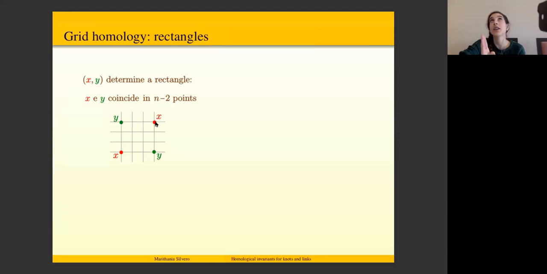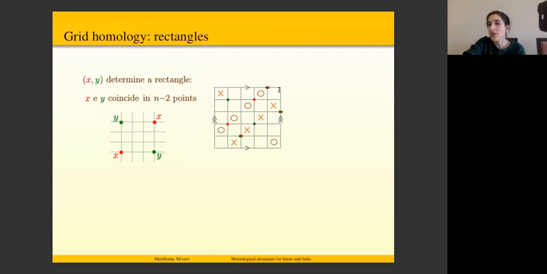X is in the northeast and southwest, and Y is like here, okay? So imagine we have this grid diagram. X is the red one and the green one is Y. Here we have 1, 2, and 3 in those 3 positions. X and Y are the same, but in 2 positions, they are different, right?